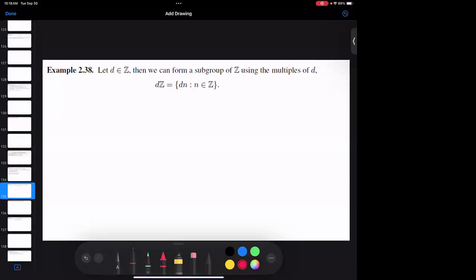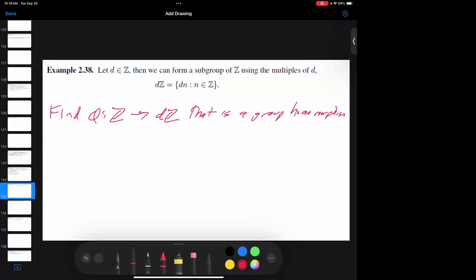Can I find a map phi from the integers to dZ that is a group homomorphism? And now everybody should be yelling out the answer. Yes.